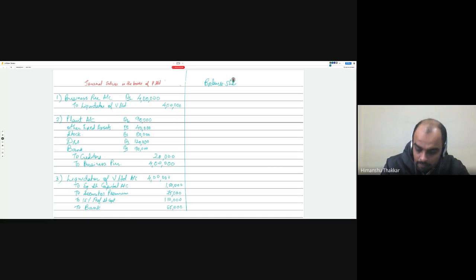Balance sheet of P Limited, amalgamation in the nature of purchase. Let us start.